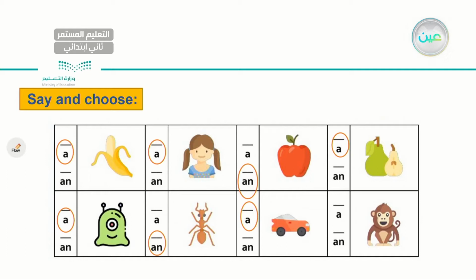One monkey. It starts with a consonant M. So, a monkey. Very good. Let's go ahead and read our words again. A banana, a monster, a girl, an ant, an apple, a car, a pear, and a monkey. Very good, my dear student.